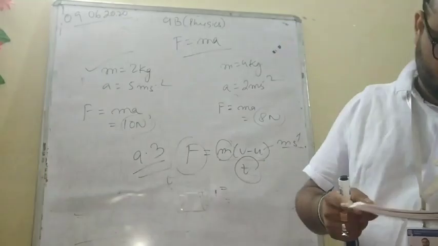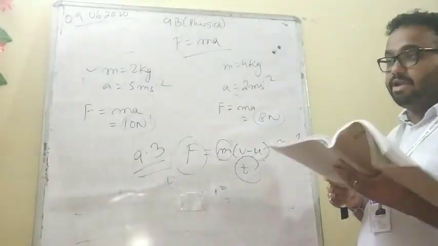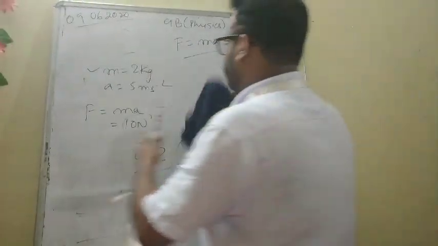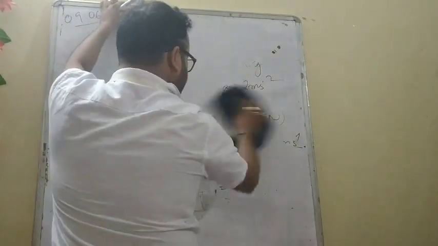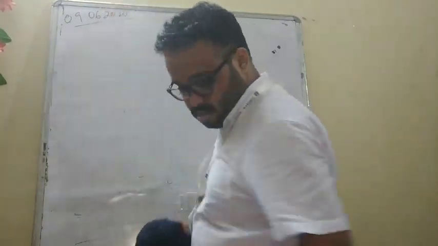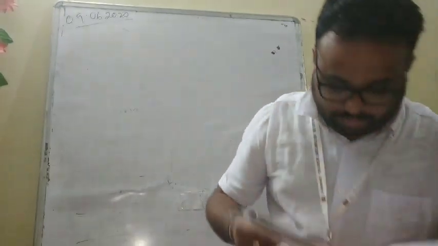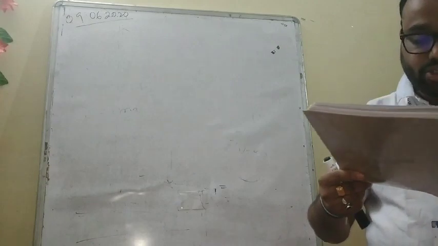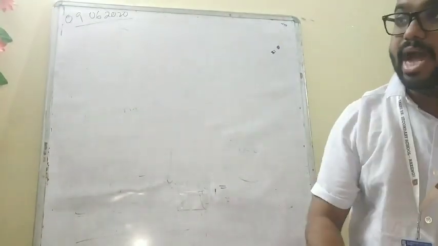And one more question, example 9.4. A force of 5 Newton gives a mass m1 an acceleration of 10, and mass m2 an acceleration of 20. What acceleration would it give if both the masses were tied together?